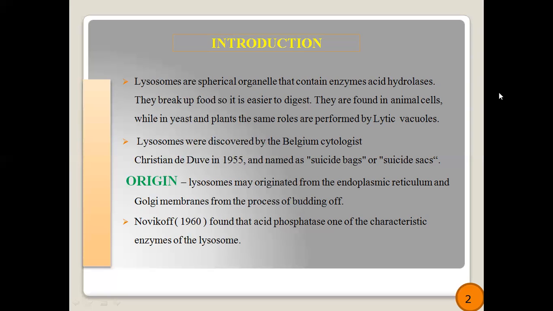So the basic origin of these lysosomes may be from the endoplasmic reticulum and Golgi membranes by the process of budding off. Novikov in the year 1960 found that acid phosphatase is one of the characteristic enzymes of the lysosomes.